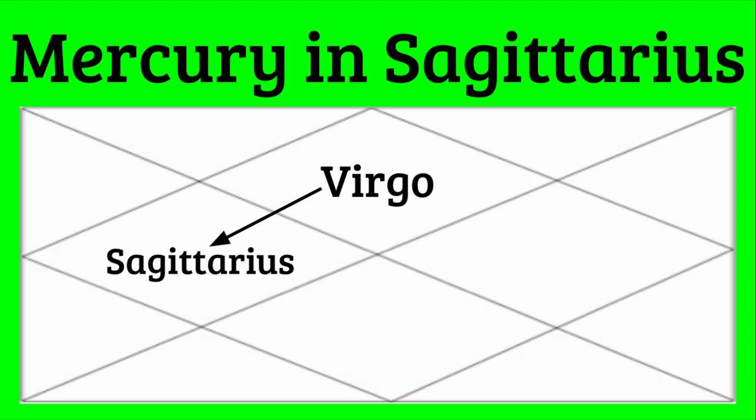Sometimes you could get some issues, though, in terms of finances because again, you're always looking at the bigger picture, which means that you can miss some fine details when dealing with finances. So, this is definitely something you want to watch out for. Or you may need a financial advisor. You want to check to see what is the condition of Mercury in the chart. This could also make you very restless in terms of business.